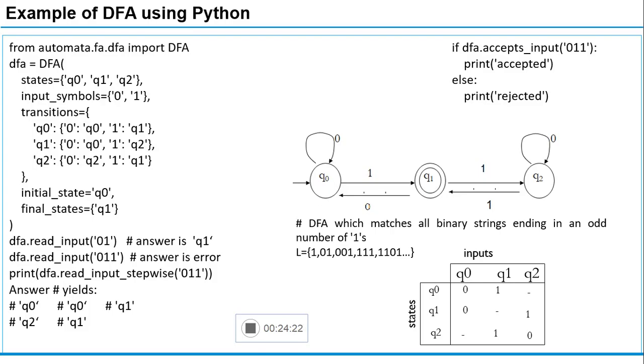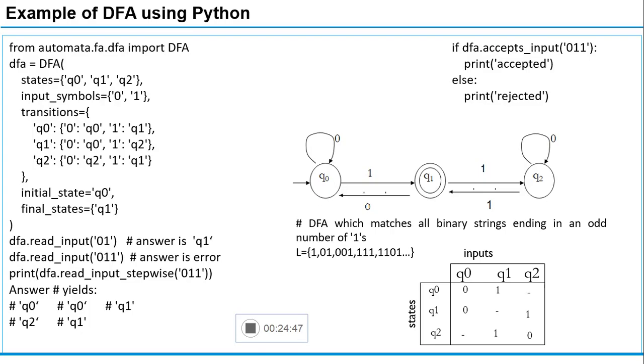The next one is, we should have n number of ones which has to be odd. So we are going to start with a 1, then move on to the next one. If it is an even count of ones, it has to move on to some other state. If another one is read, it is going to be an odd number of 1s, so it will be moving on to this Q1.